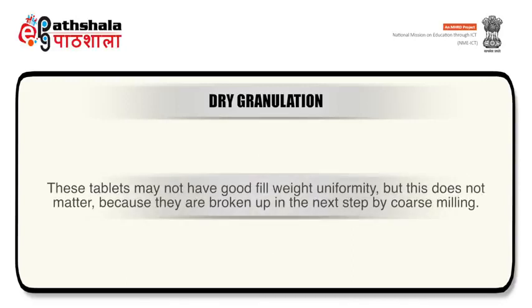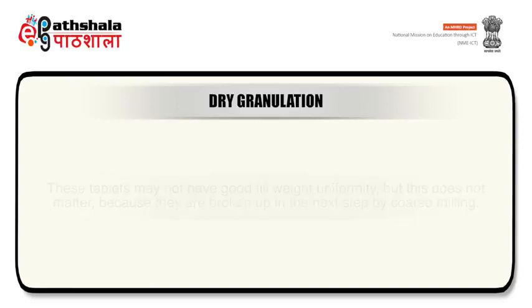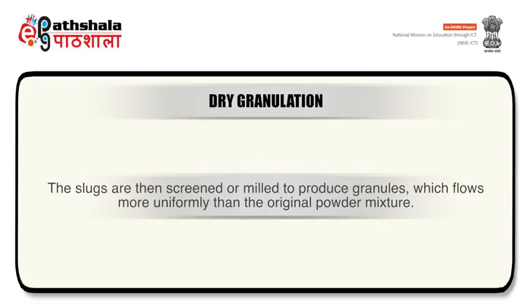These tablets may not have good fill weight uniformity, but this does not matter because they are broken up in the next step by coarse milling. The slugs are then screened or milled to produce granules which flow more uniformly than the original powder mixture.